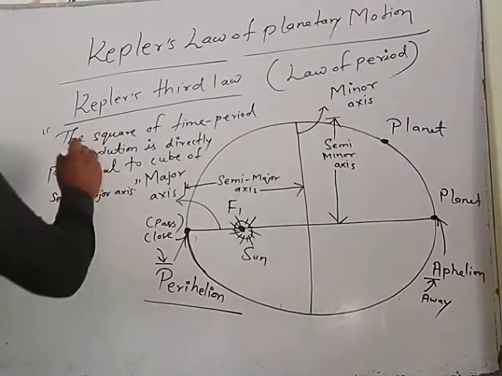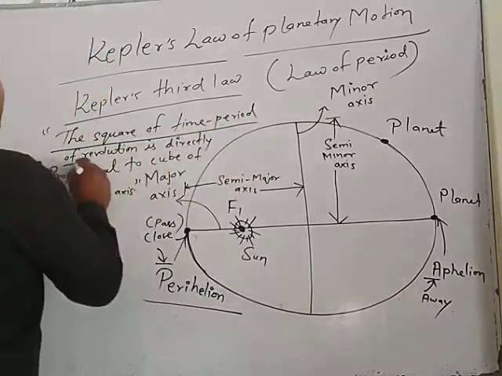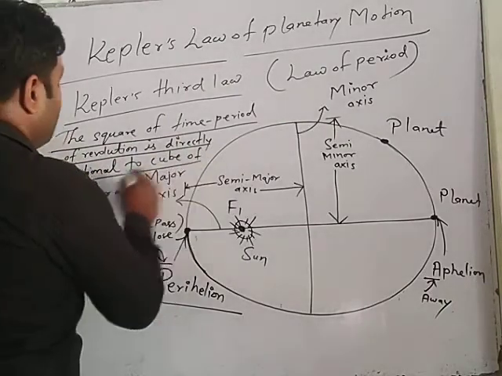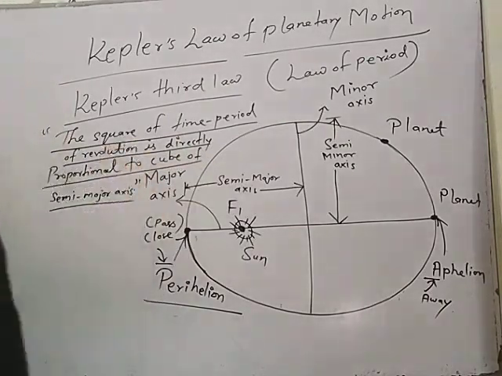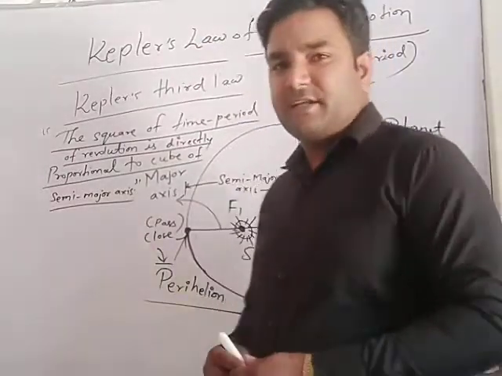Listen again. The square of the time period of revolution is directly proportional to the cube of the semi-major axis. This is the statement of Kepler's third law, a very easy statement.